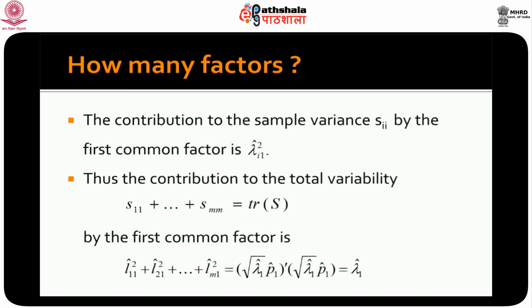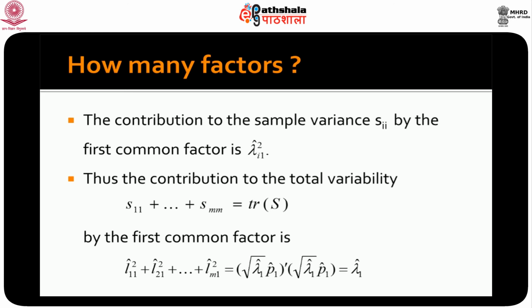Now, one other thing that we should remember here is that the contribution of any one of the factors to the sample variance, say the contribution to the ith variable by the first factor, is given by Li1 square, or rather by its estimate Li1 hat square. So the contribution to the total sample variance, which is the trace of S given by S11 plus S22 etc. plus Smm, from the first factor would be L11 hat square plus L21 hat square etc. plus Lm1 hat square.